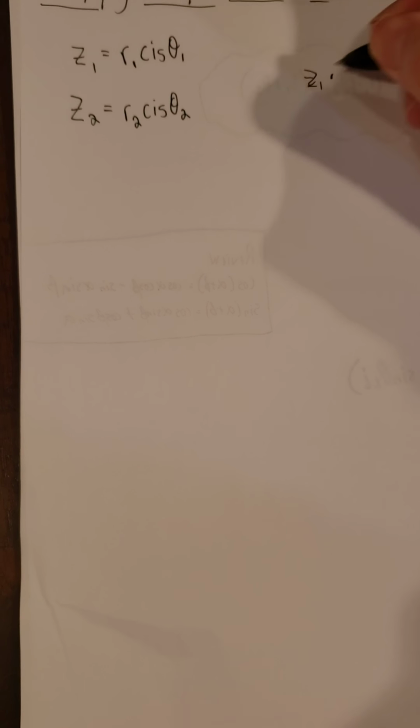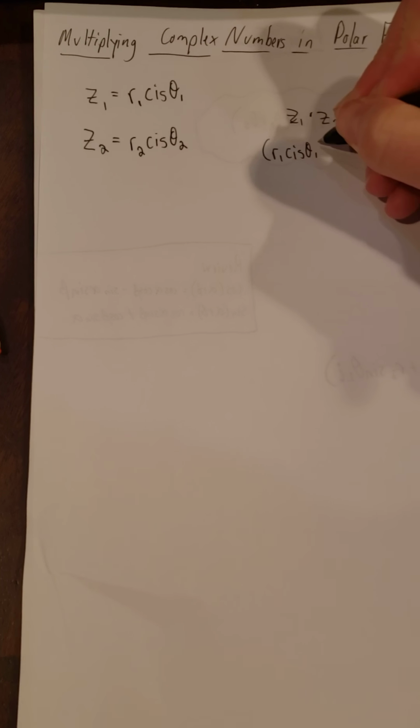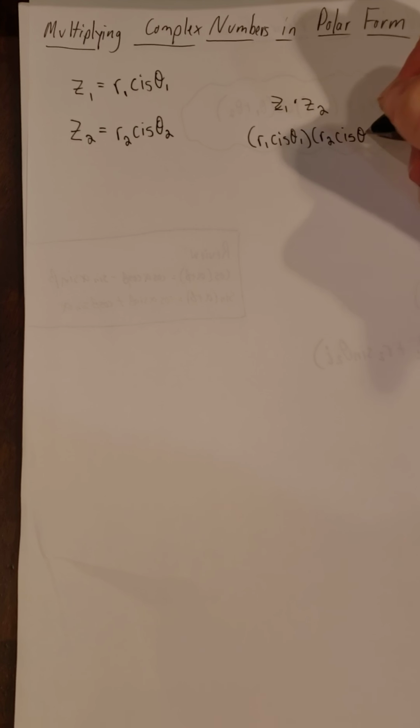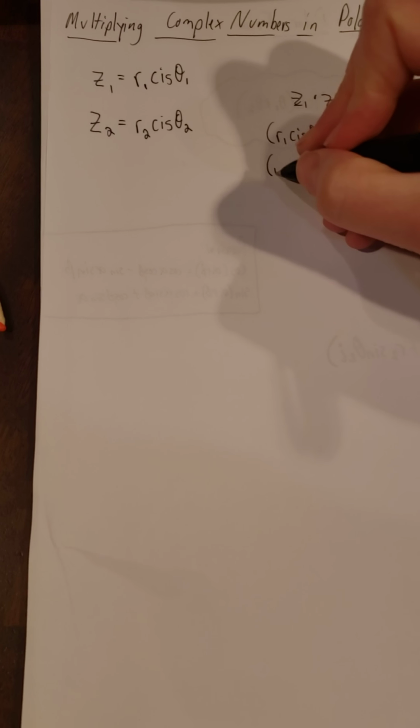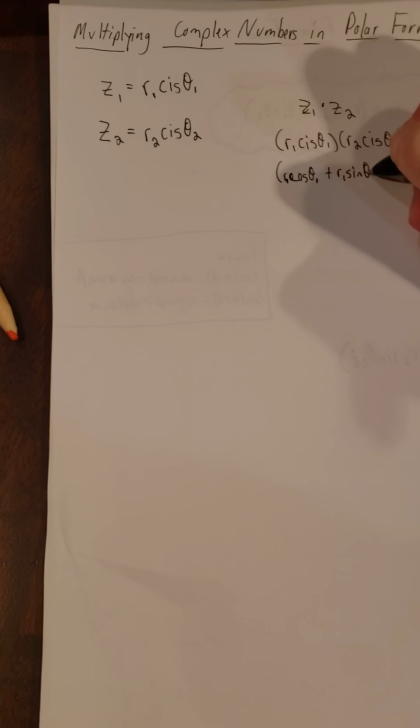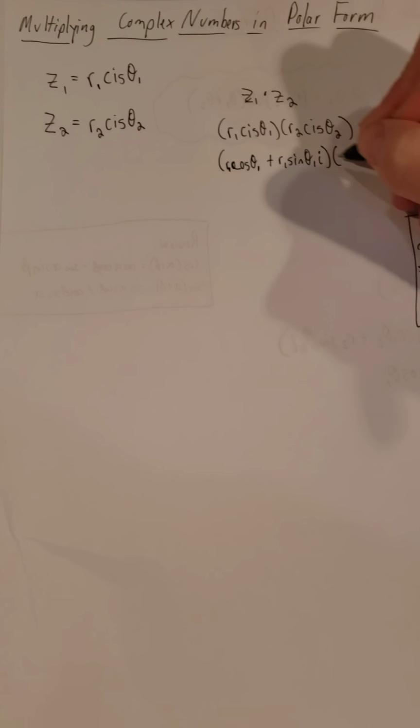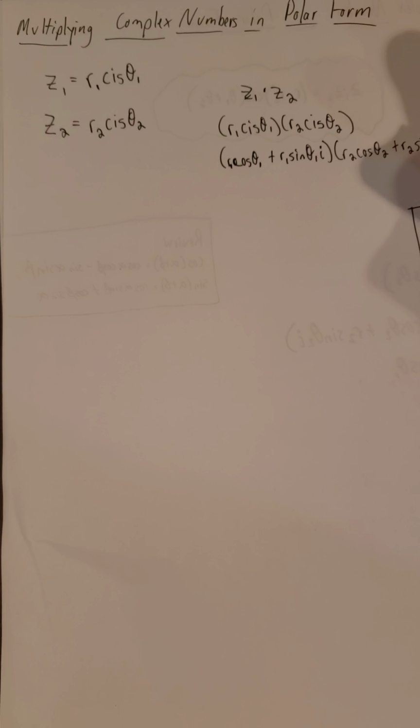Now, if I wanted to multiply these two complex numbers together, that would be the same as saying what I want to do is this: r1 cis theta 1 times r2 cis theta 2, which would be the same as, if I wrote it out, r1 cosine theta 1 plus r1 sine theta 1 i times r2 cosine theta 2 plus r2 sine theta 2 i, multiplying that together.